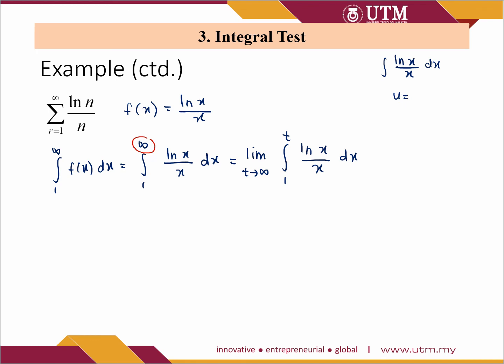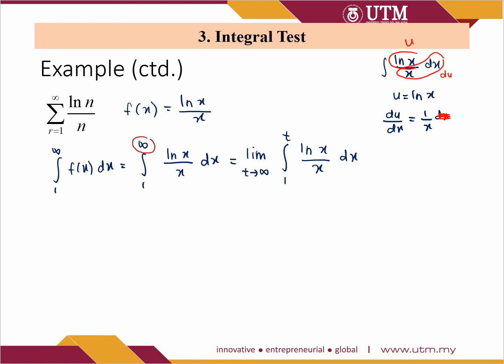We let u be ln x, and when we differentiate this, we get 1 over x dx. So this part here, dx over x, can be represented as du, and also our ln x would be equal to u.